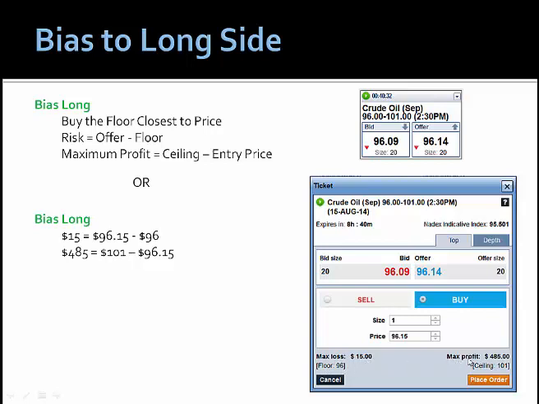Over here, your maximum profit is $485, and the ceiling is at 101. Now, an inverse would be if this had $485 over here and $15 over here. Immediately you could tell, this is not one I would want to enter, because there's an inverse relationship between your loss and your profit target.